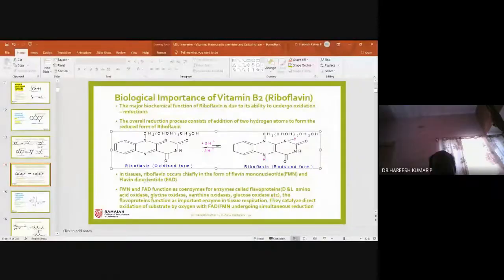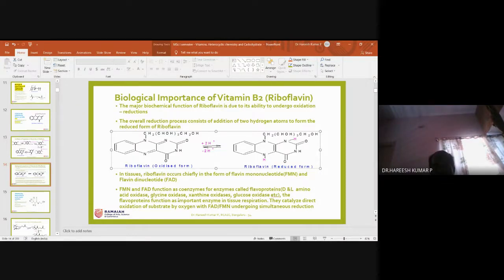In tissues, riboflavin occurs chiefly in the form of flavin mononucleotide, FMN, and flavin adenine dinucleotide, FAD. FMN and FAD function as coenzymes for the enzymes called flavoproteins. D and L amino acid oxidase is one flavoprotein.